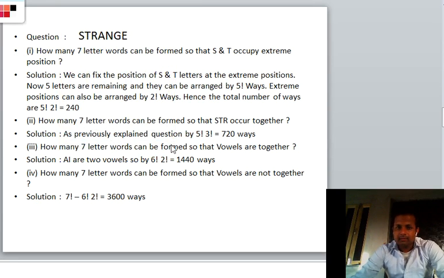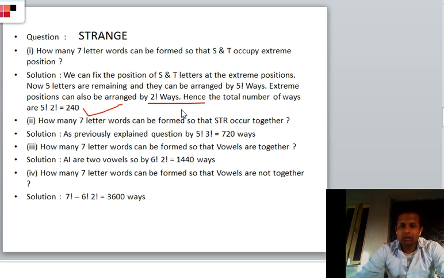S and T can also be arranged in factorial 2 ways. So the total number of arrangements possible is factorial 5 into factorial 2, which is equal to 240.